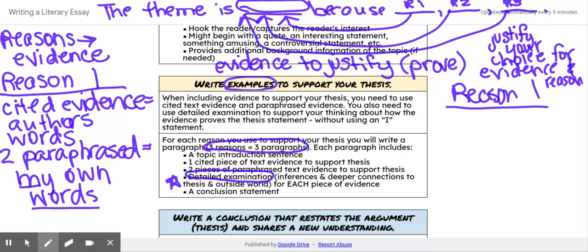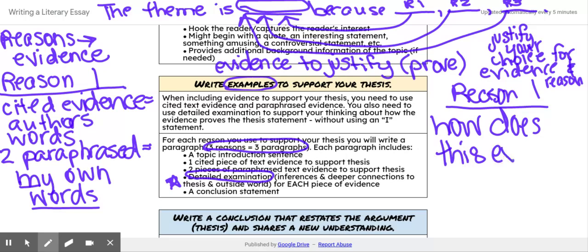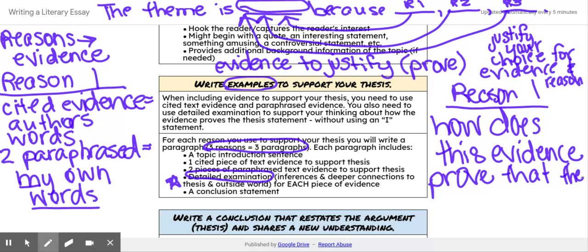So your detailed examination here, you want to stop and think, how does this evidence prove that the reason supports the theme?